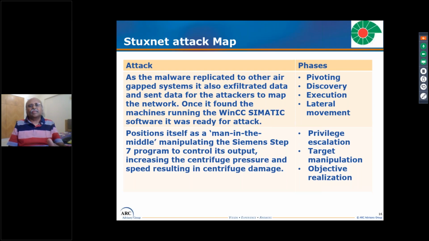So the man in the middle and manipulation covers privilege escalation phase, target manipulation phase, and objective realization phase, which finally they achieved by changing the parameters and then changing the process in order to make the process fail.